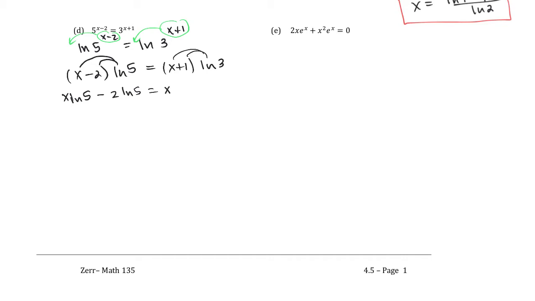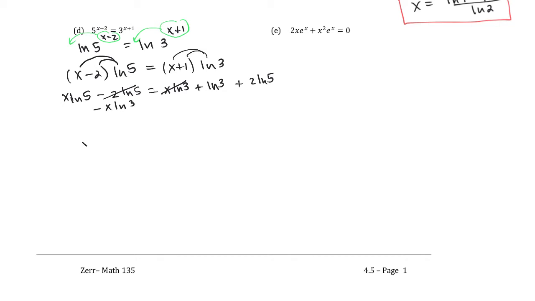So I have x times the natural log of 3 plus the natural log of 3 times 1, so just plus natural log of 3. Okay, now I'm going to add natural log of 5 to both sides, and I'm going to subtract x natural log of 3.